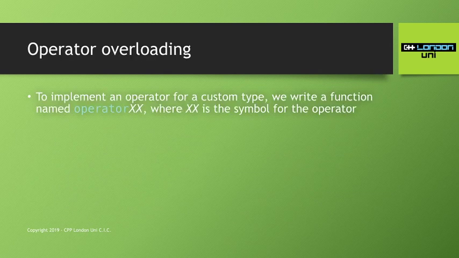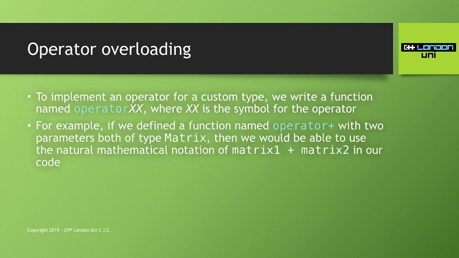So the way we do this, and I just mentioned it, is we do this by writing a function with a special name. And that special name is operator something, where something is the symbol for the operator that we want to implement. So for example, you could write a function called operator plus that takes two matrices.